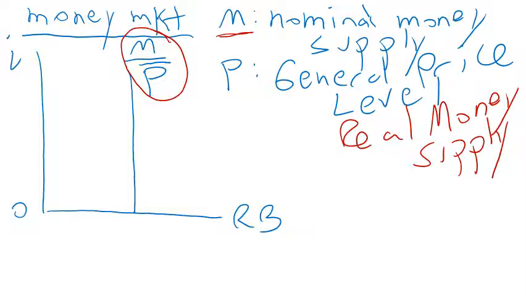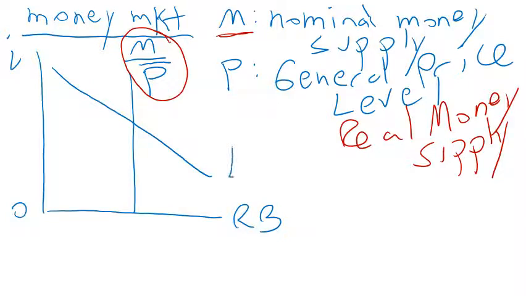And now let's get to the other part of the more refined analysis of the money market, and that's money demand. So that's the money demand line or curve. We'll call it money demand. However, we're going to use a different designation.